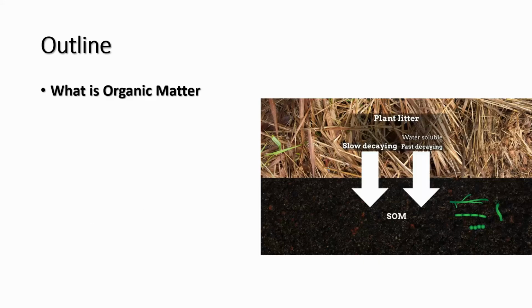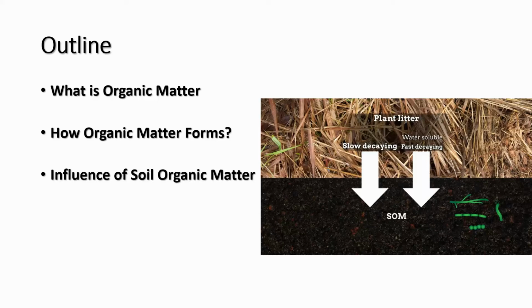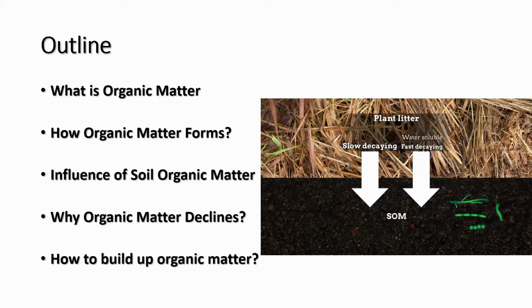So we will first of all study what is organic matter, how you define it, what is the simplest form of the organic matter, how the organic matter forms, what are the stages, how soil organic matter influences its environment, particularly the soil and the plant, how the organic matter declines with the passage of time, what are the factors which reduce the quantity and quality of the organic matter, and in the last we will have some concluding remarks with how to build up organic matter.